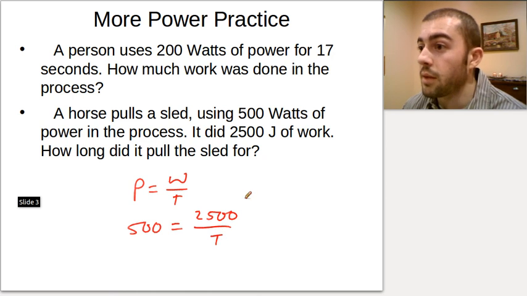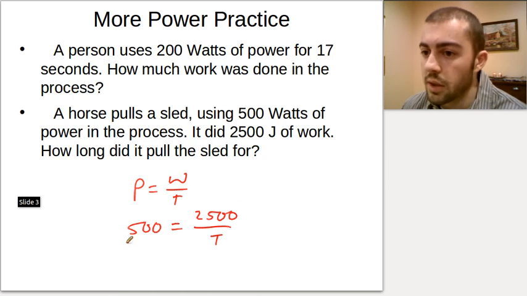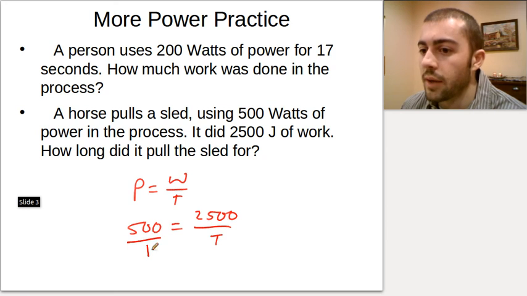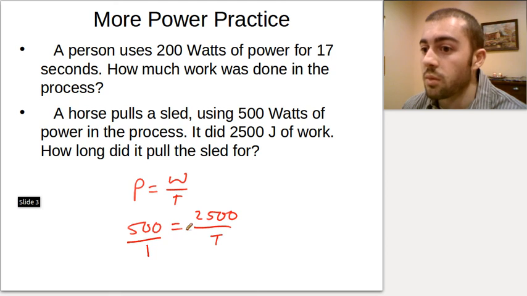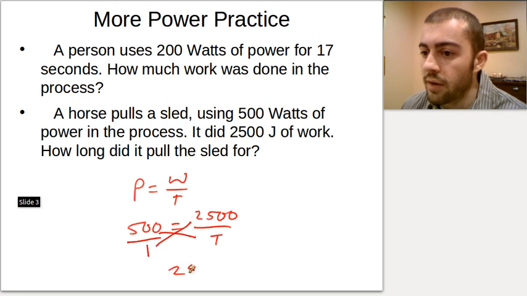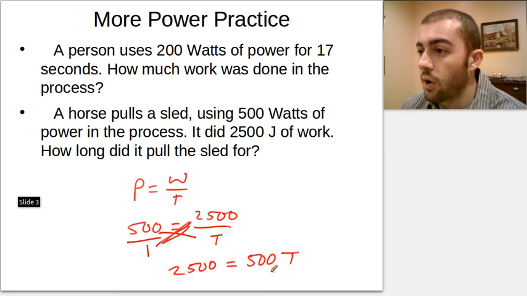To solve this mathematically, the best and easiest way to do it would be to cross multiply. If we take this 500 and divide it by 1, that's fair game mathematically because we can divide anything by 1 and it doesn't change its value. If we put a 1 down here, then we can see how this could be a scenario for cross multiplication. If we cross multiply here, we'd end up with 2,500 for our first cross, and we set the crosses equal to each other, and we would get 500t for our second cross.